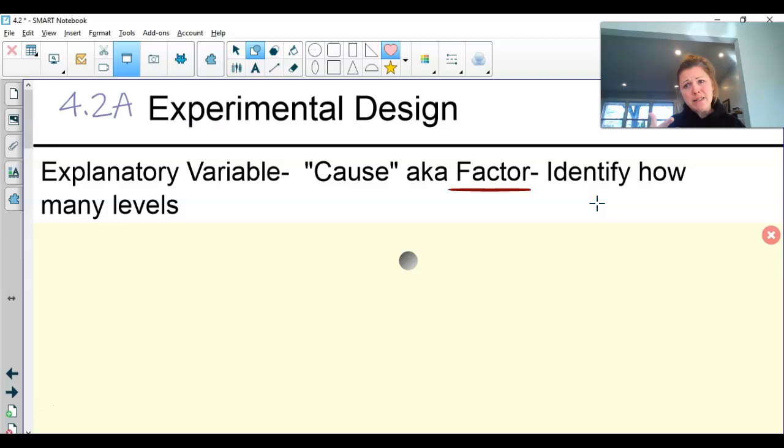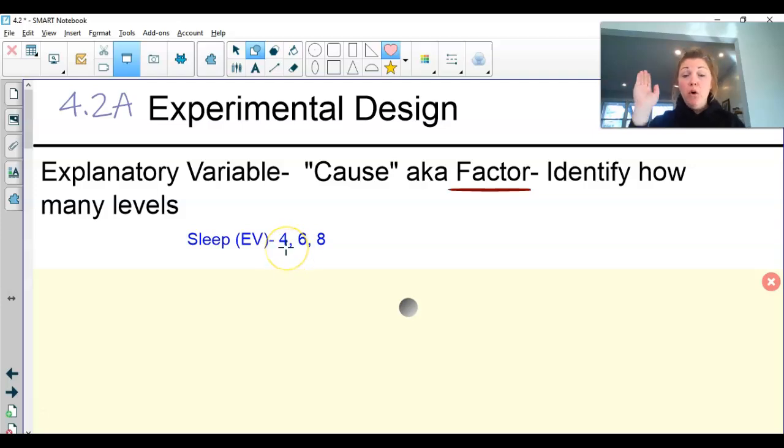So let's go back to the idea that I'm going to do a sleep experiment on you guys, and I say, hey, let's get 4, 6, 8 hours of sleep, or 2, 4, 6, whatever you want. That would be how many levels I have right there. If sleep is my explanatory variable and one group's getting 4 hours of sleep, one group's getting 6 hours, and one group is getting 8 hours, those are the different treatments I'm imposing on you.